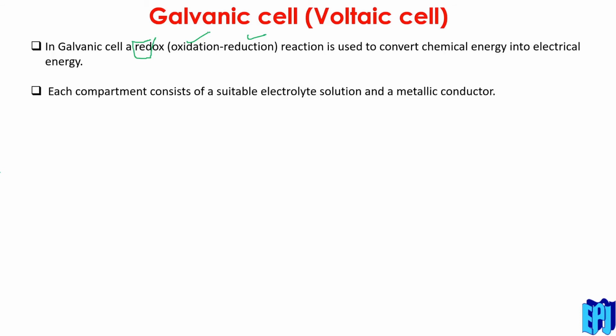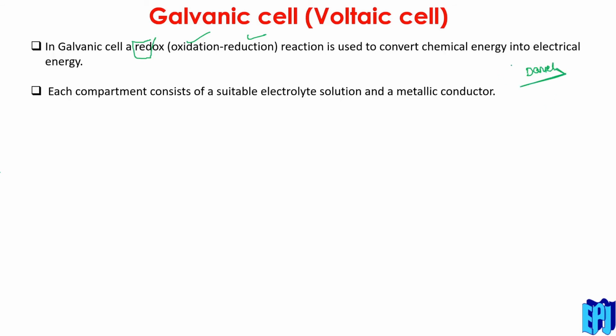The next point is each compartment consists of a suitable electrolyte solution and a metallic conductor. Before discussing this galvanic cell, you should know the best example for a galvanic cell, that is Daniel cell. We will explain this in the coming classes.